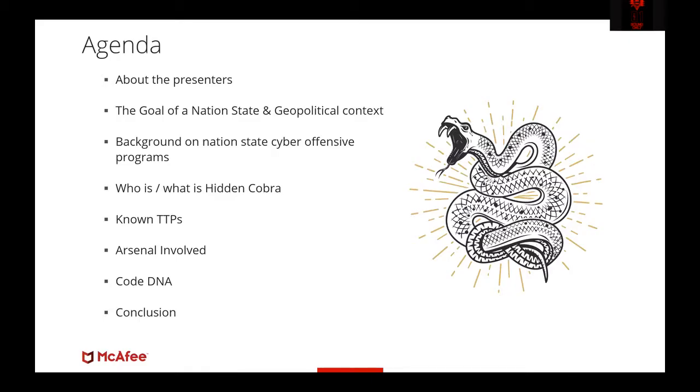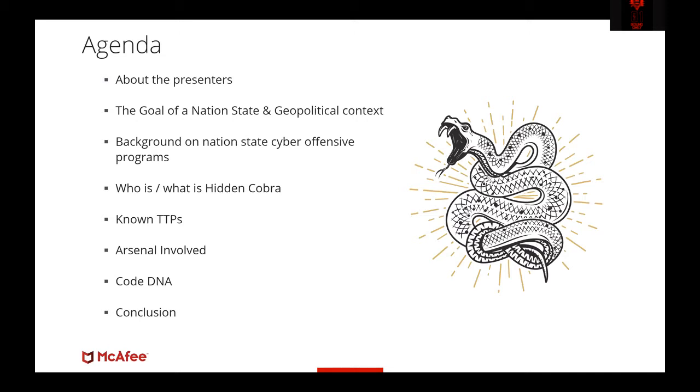So some of the things that we're going to talk about here today is the goals and objectives of a nation state in the geopolitical context. We'll also talk about the background on different cyber offensive programs.